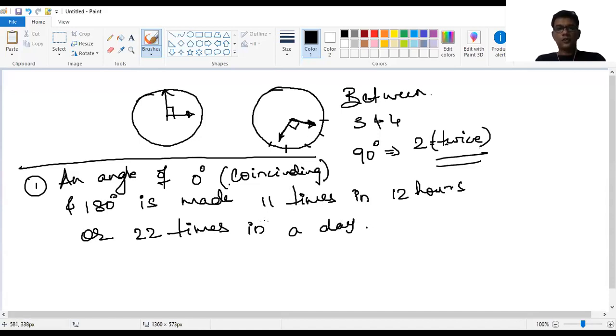An angle of 0 degrees is basically coinciding. So 12 o'clock is the time when you have 0 degrees, because the two hands are coinciding one above the other.